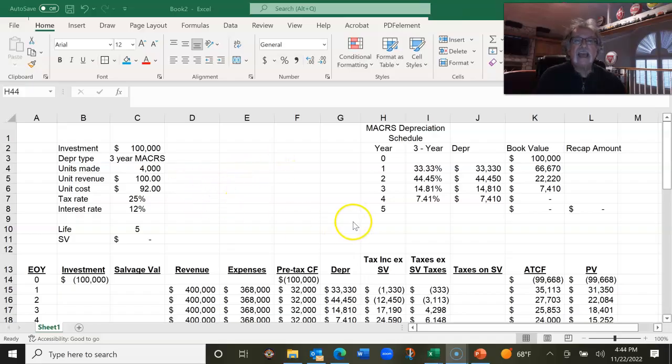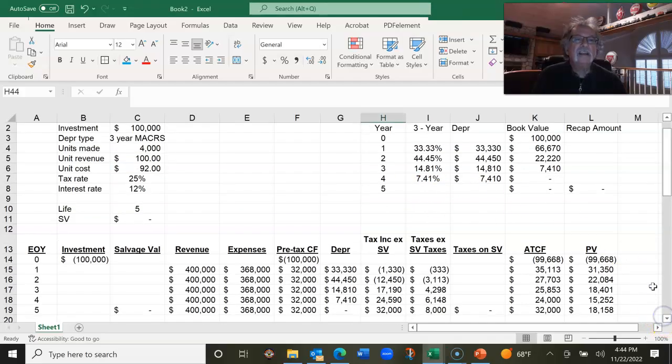We don't have any tax impact upon disposal of the asset. Now I'm going to post this presentation on this Excel spreadsheet, but I'd like you to look at how I deal with the recapture amount.